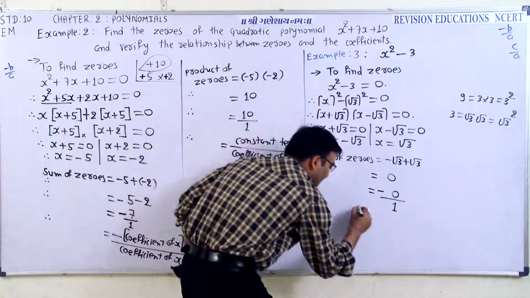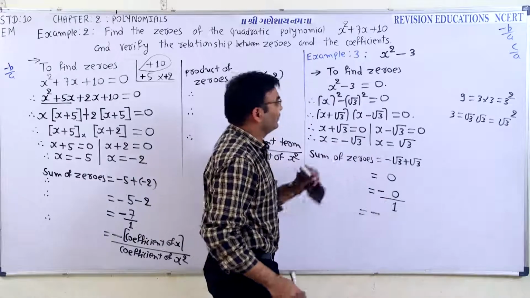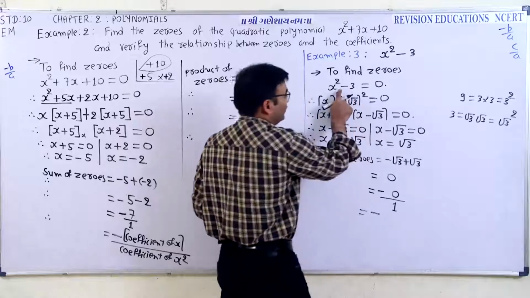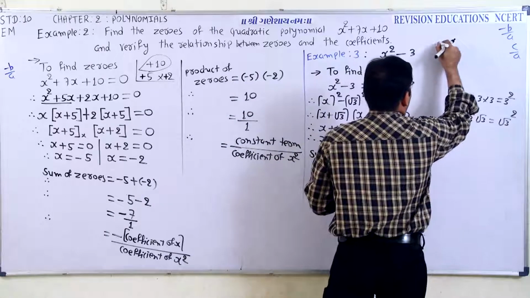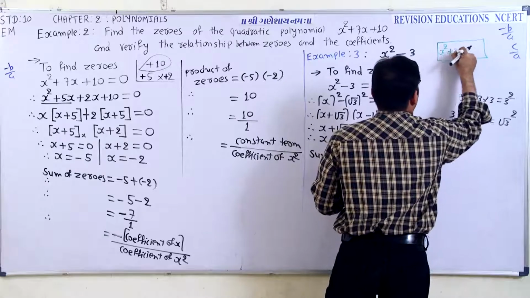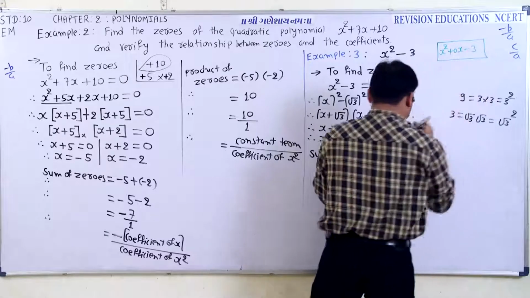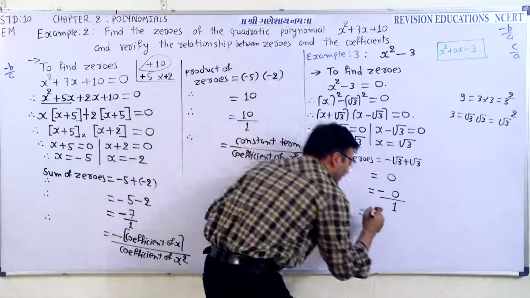So minus is the formula. What is 0? Look here, I write for understanding x square plus 0x minus 3. यानी 0 क्या है? कोएफिशिएंट ऑफ x.